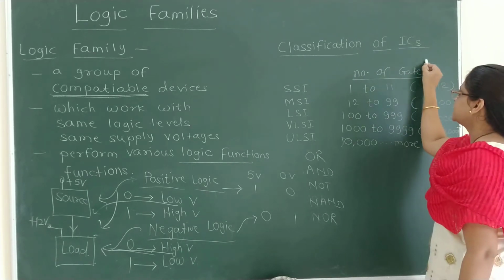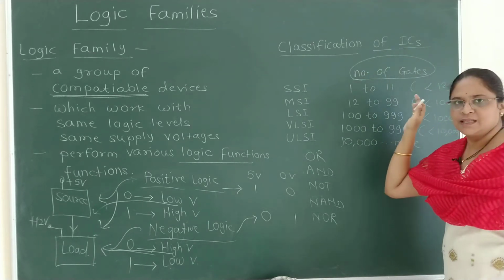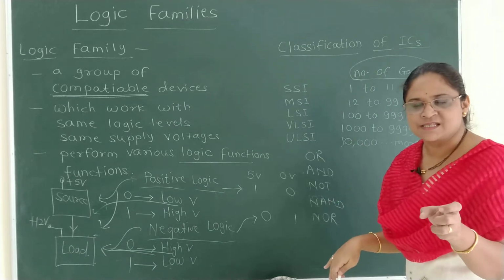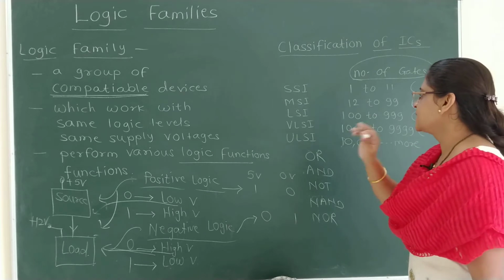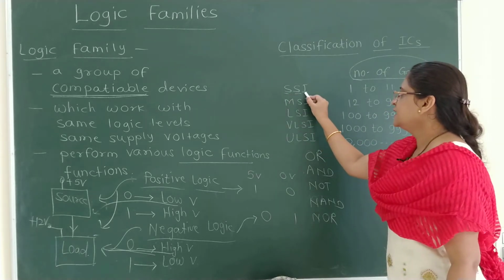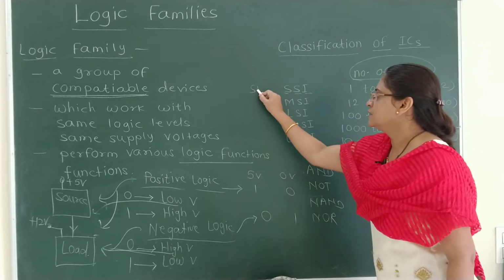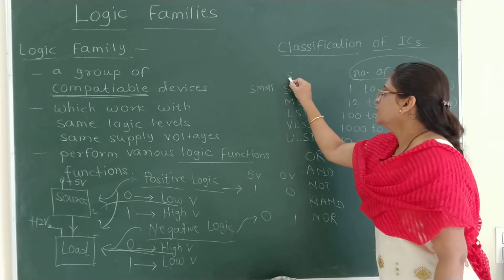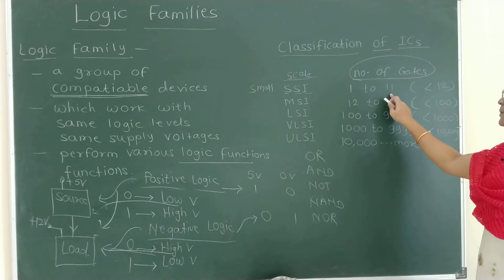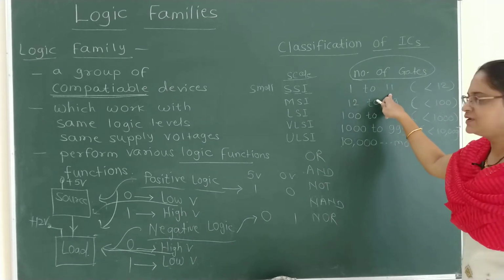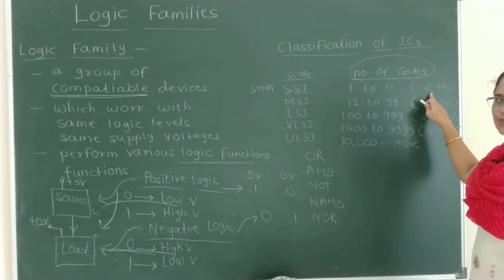How many gates are used in the constructional part of that IC decides a particular scale. The first example is small scale integration. The scale is small. Here the maximum number of gates that can be used is 11, meaning less than 12.